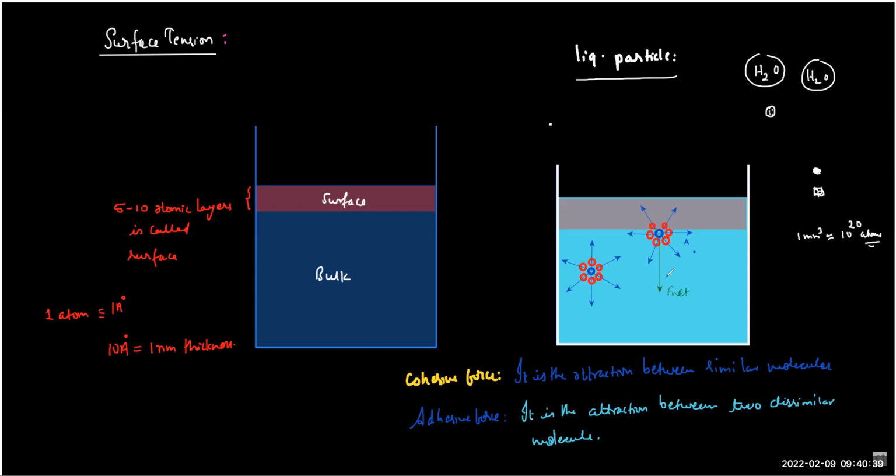This is like a continuous exchange. We always have some molecule with high energy that goes to the surface, and a surface molecule with less energy will become part of the bulk. The highest energy molecule will keep on replacing the lower energy molecule from the surface, and this dynamic movement maintains the surface all the time.